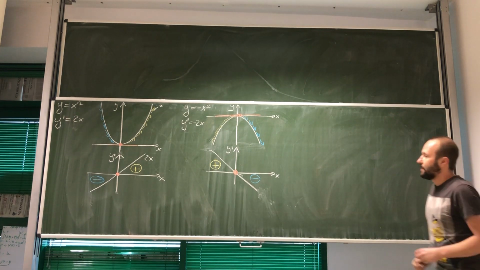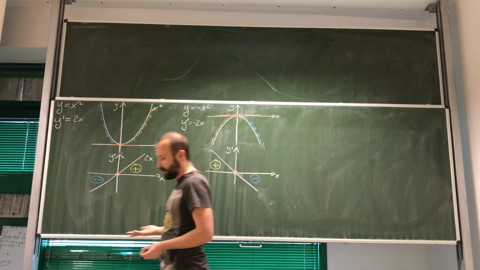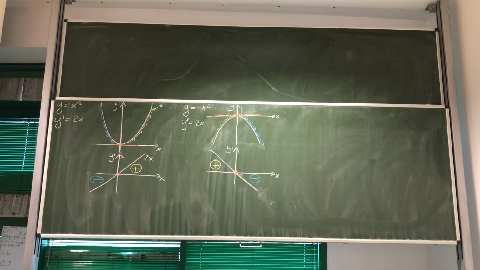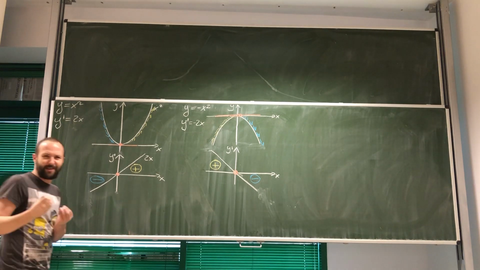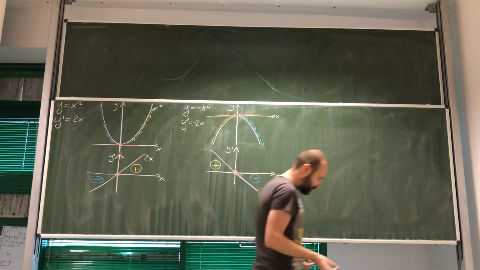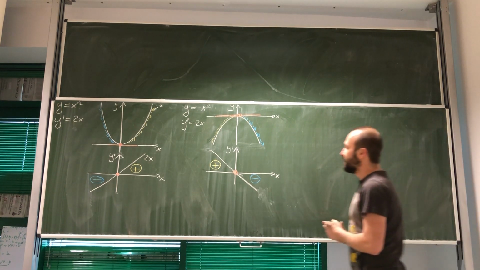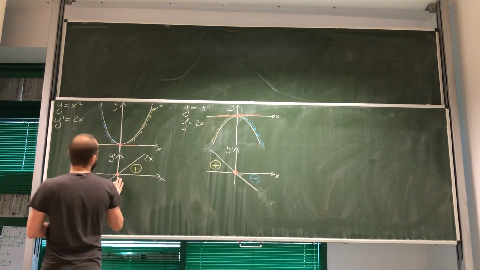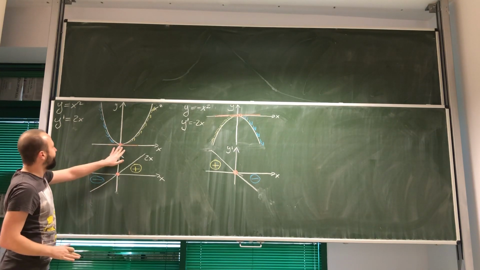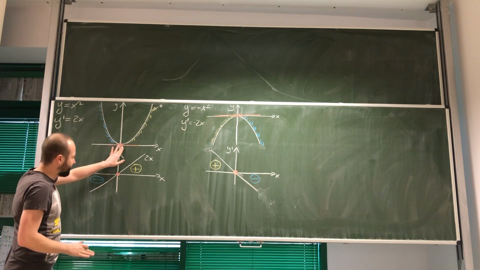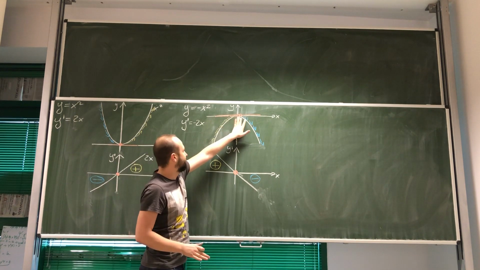Okay, so look, what have we learned from this? Actually, this confirms everything we said before. The derivative measures the slope of the function at a given point. What is more, we see that at the point where the derivative is equal to 0, we will have a minimum or maximum.